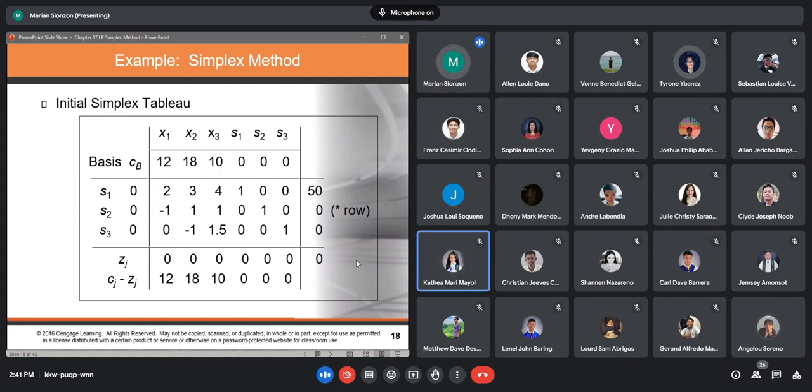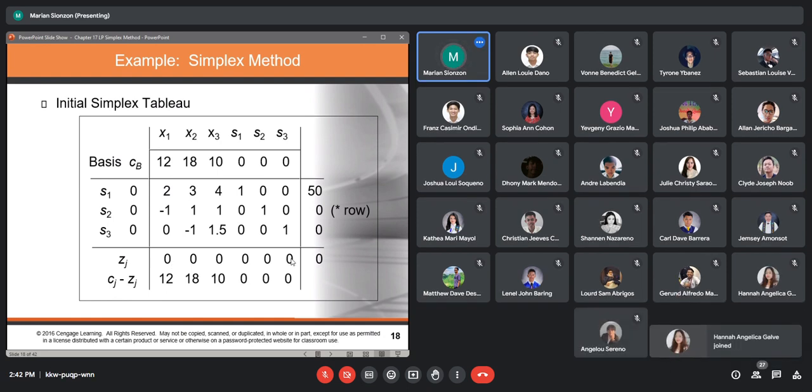Now we go to the C sub j row minus Z sub j. You know that is your Z sub j. Where is your C sub j? Here: 12, 18, 10, 0, 0, 0. Can you follow? This row minus this row.